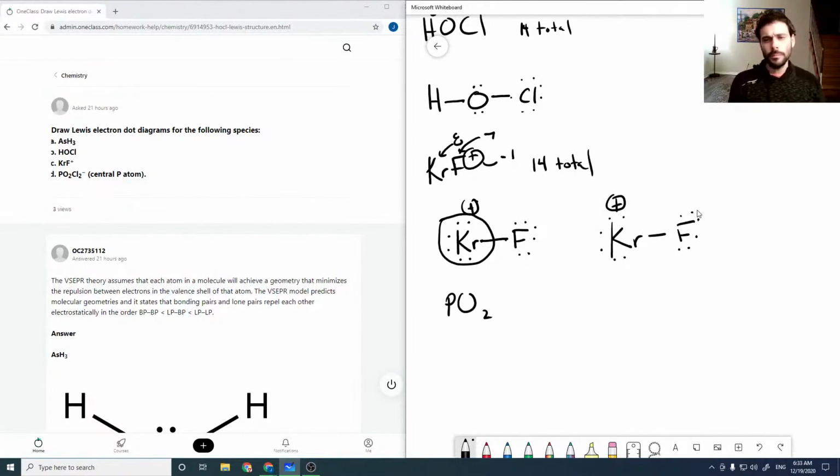PO2Cl2 minus. Okay, so then we've got 5 electrons here, 6 times 2 equals 12 there, 7 times 2 equals 14 there. And then the minus charge is going to be an extra electron.